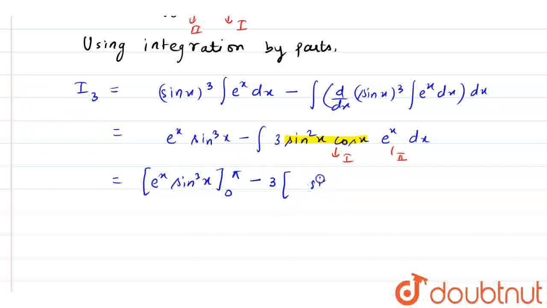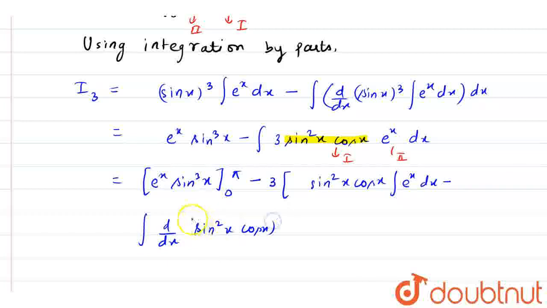Now my first function is sin square x cos x, and the second function is e to the power x. So integration of sin square x cos x times integration of e to the power x dx, minus integration of the derivative of sin square x cos x times integration of e to the power x dx, whole dx, and bracket close.